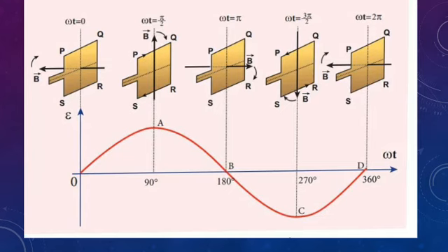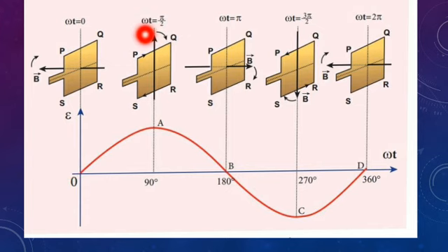See this, the coil rotates through phase differences. When the coil is in this perpendicular position, there is no EMF. That means if theta is equal to 0 degrees, E is equal to 0.